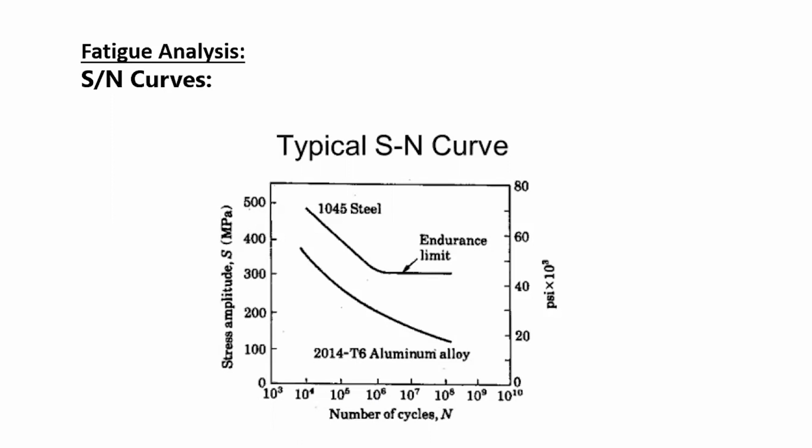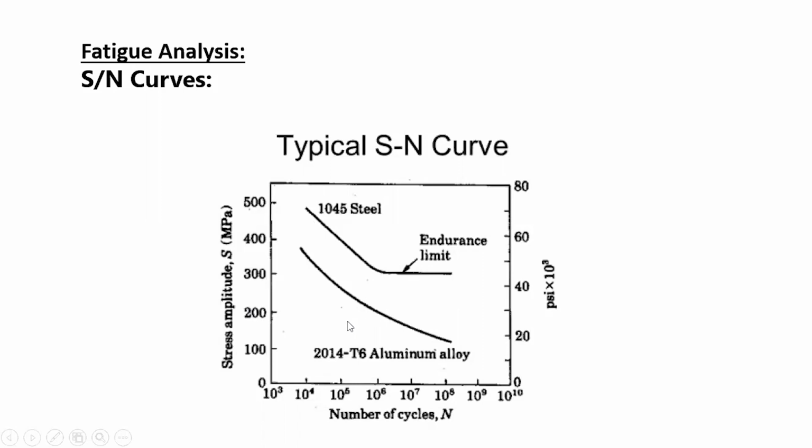Any amount of stress below this endurance limit, if applied to this material, the material will never fail. Because the plot is flat, the number of cycles tends to infinity. So if I apply a stress amplitude of about 200 megapascals, the material will never fail.